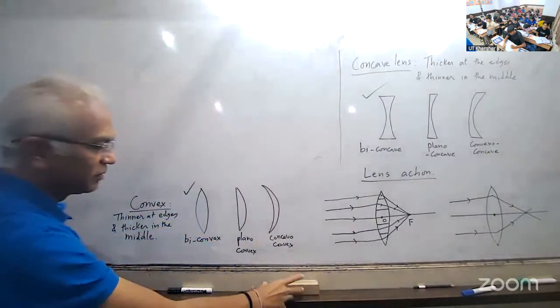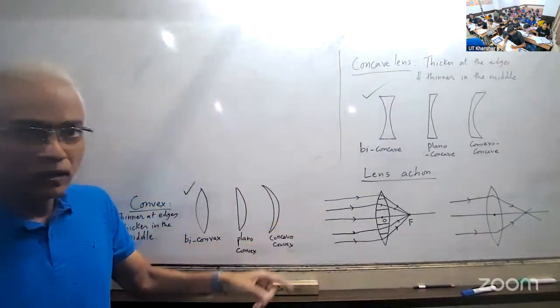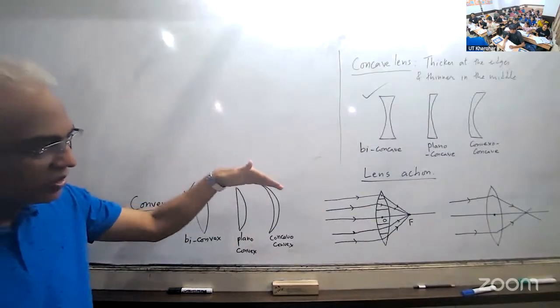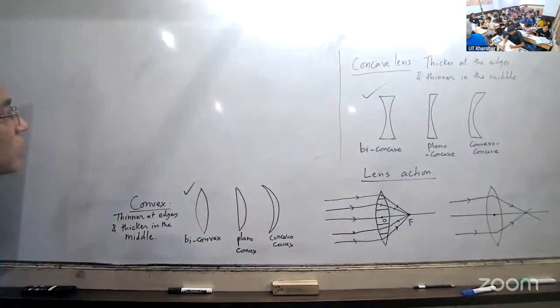So far we have seen what happens to the rays which are parallel. Now we'll see what happens to the rays which are slant. Okay.